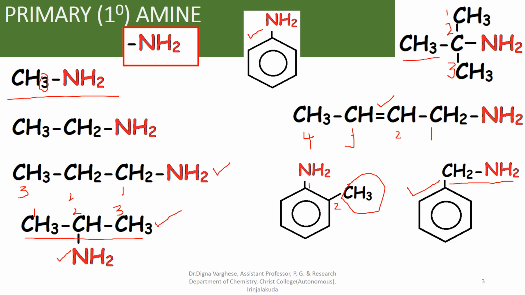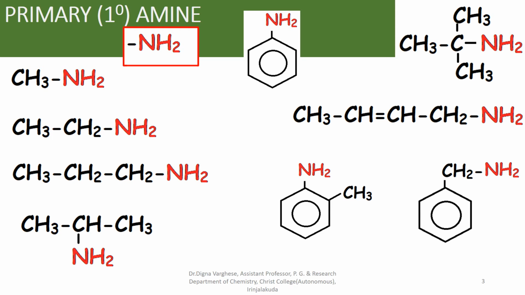So primary amines are those amines in which one of the hydrogen atoms of the ammonia molecule is replaced by an alkyl or aryl substituent.